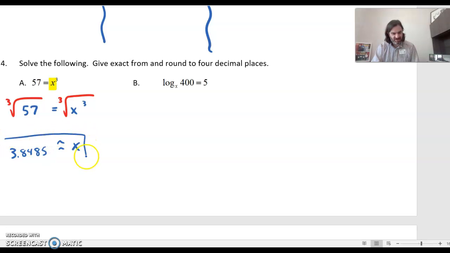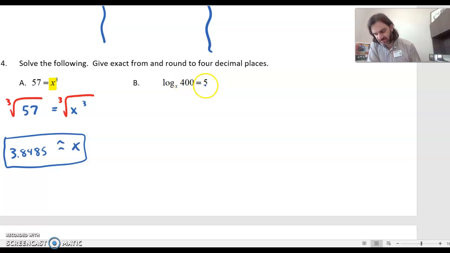Check that in your calculator. B, log base x of 400 equals 5. So that's interesting. What could we do? Well, we want to get the x, and it's not in a good place. So let's try changing it to exponential form. So we would have x to the 5th equals 400.